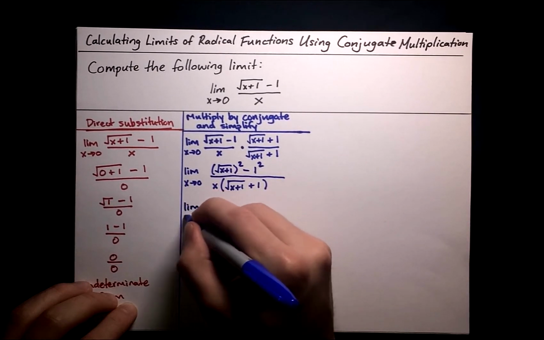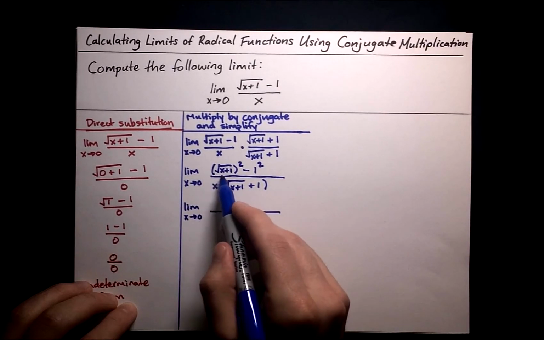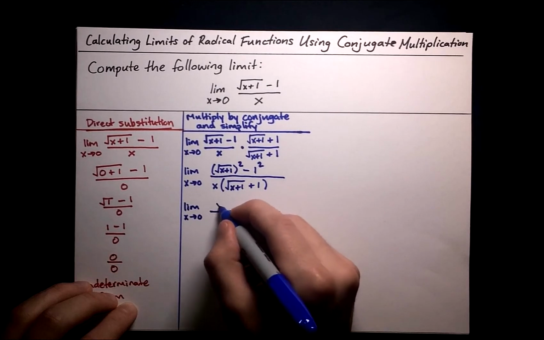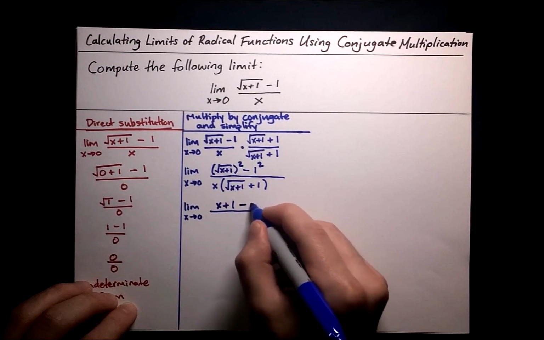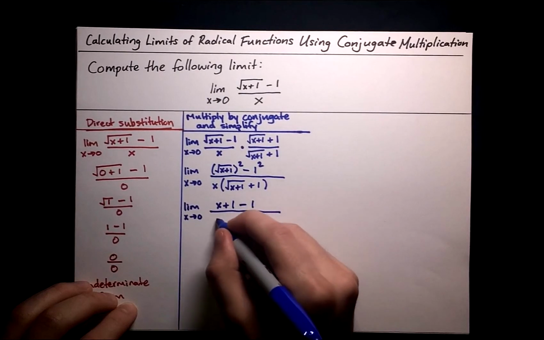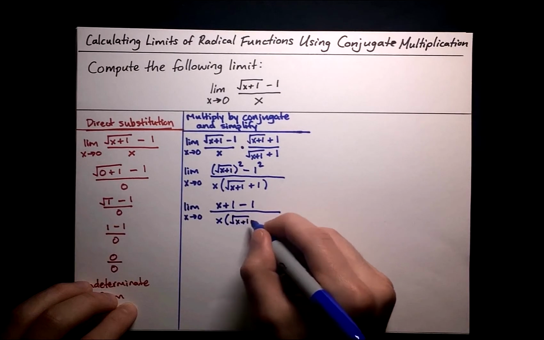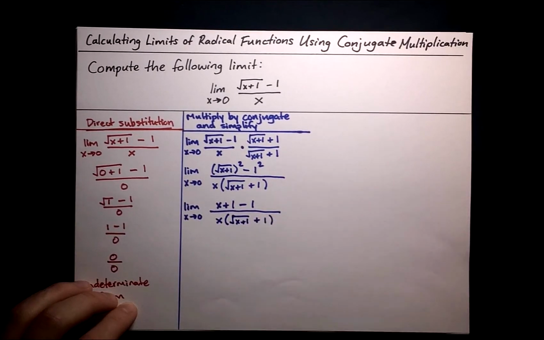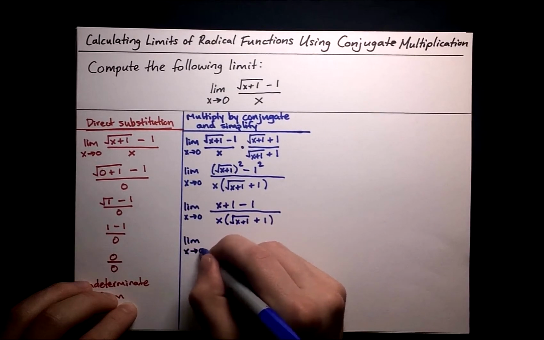We can go ahead and simplify this further. So limit as x approaches 0 of, well, root x plus 1 squared, that's just x plus 1. And then we have minus 1 squared, so minus 1. And then that's all over x times root x plus 1 plus 1. Let's keep on simplifying. That's the limit as x approaches 0.